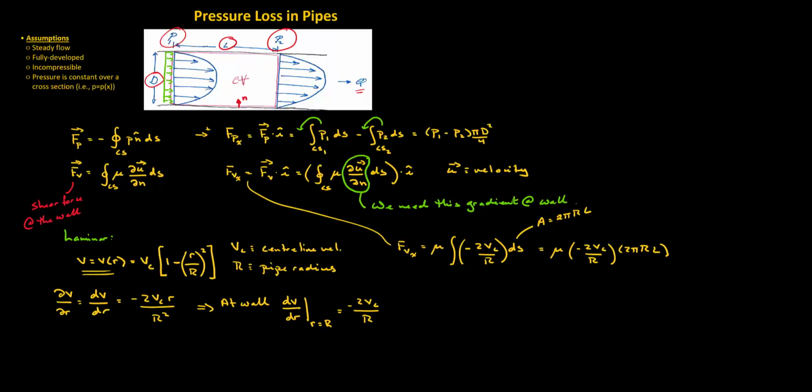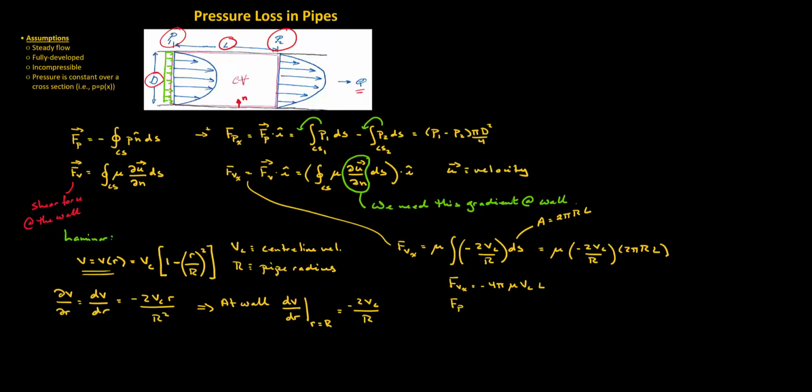So what have we found so far? Our net viscous force in the axial direction is minus 4 pi multiplied by the dynamic viscosity, the centerline velocity, and the length of pipe.